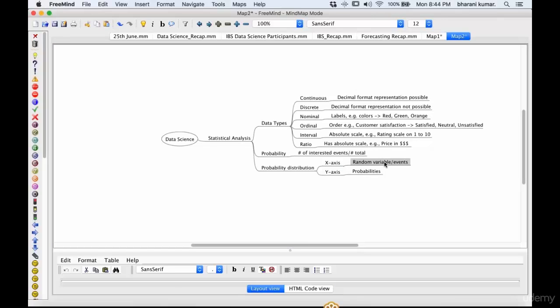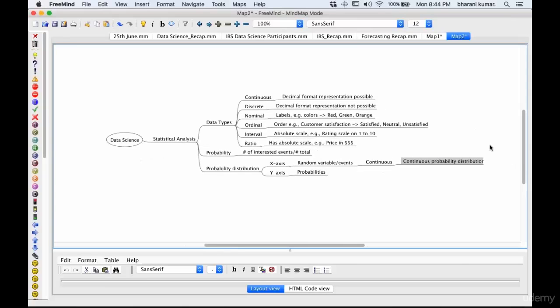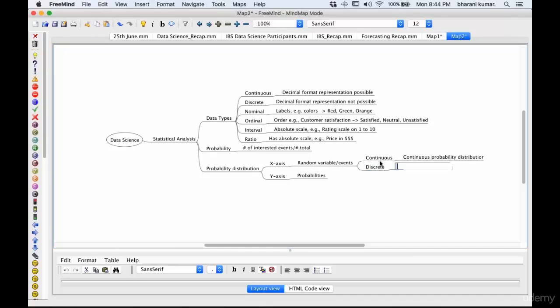If your random variable is continuous, it is called a continuous probability distribution. And if the random variable of interest is discrete, it is called a discrete probability distribution.